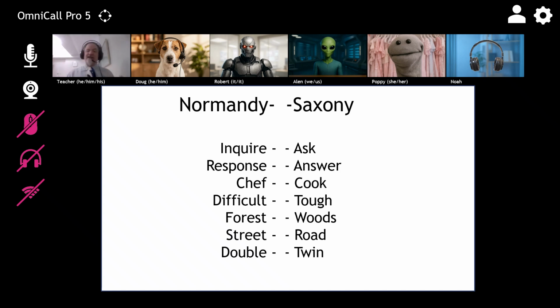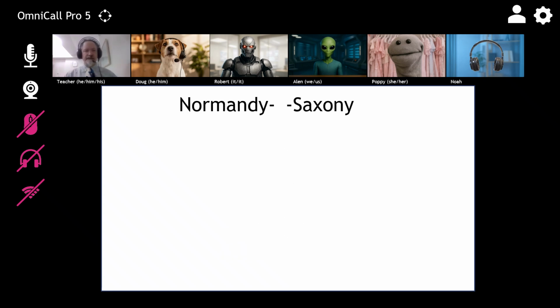For each of these, you can kind of see how the Norman word was fancier or more prestigious, and the Saxon words were simpler, used by the common folk. This isn't true for every double that you'll see, but in general, Norman words were fancier and Saxon words were more low class. Other examples. Norman and Saxon had changes for words.